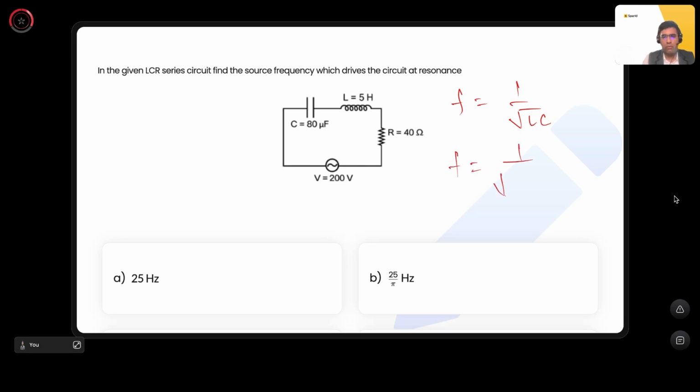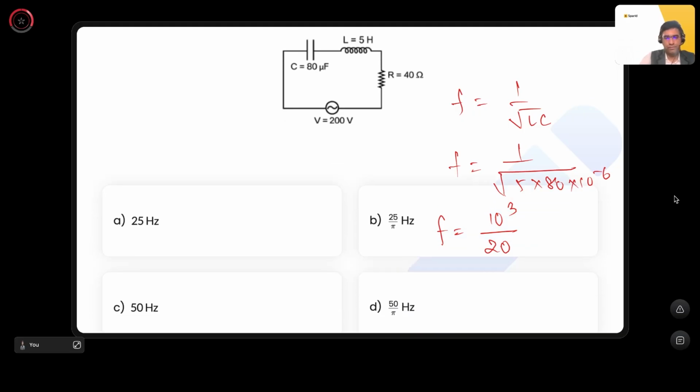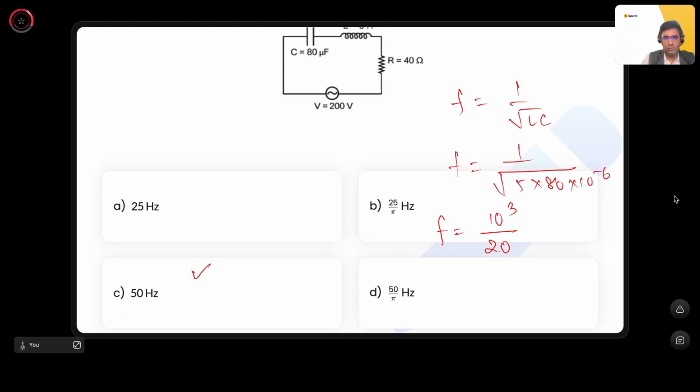So it will be 1 upon under root of 5 into 80 into 10 to the power minus 6. So the frequency will become 10 to the power 3 upon under root of 400, so it is 20. So this becomes 50 hertz. Okay. So this is what you have to remember.